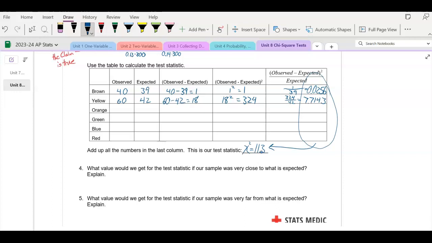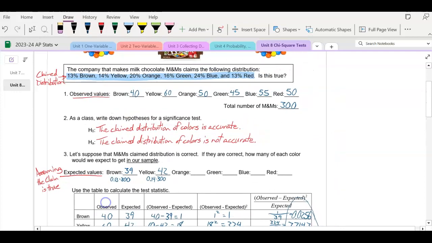One thing that we have to consider is our degrees of freedom. Degrees of freedom here is kind of similar to what we did before. We are going to subtract 1, but we're going to use k minus 1. Notice our n in this case was 300. That's not really significant when we're talking about degrees of freedom. We're actually concerned more with how many categories we're dealing with. In this case, there were 6 different colors.